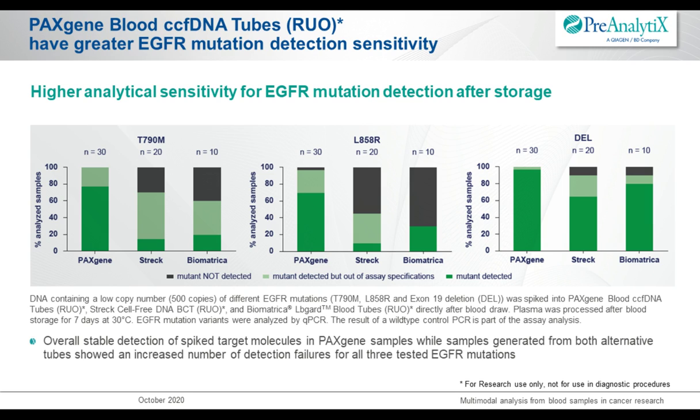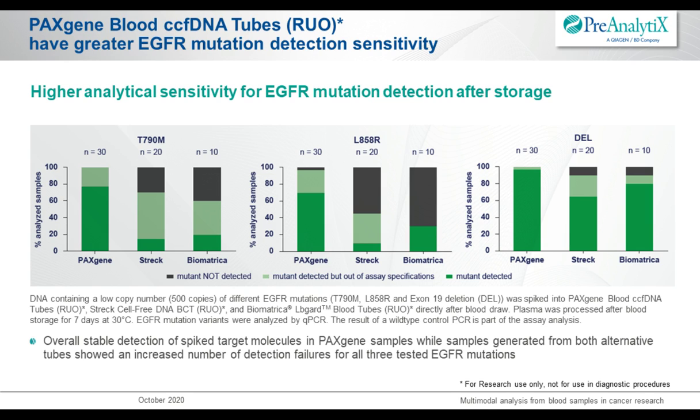This assay detects the wild type and the mutation and builds a delta CT to have a valid reaction, so all these dark green samples have a valid reaction. And then we also have this light green color where we get a CT for the mutant that we spiked in, but this was out of the specification of the assay for this delta CT.